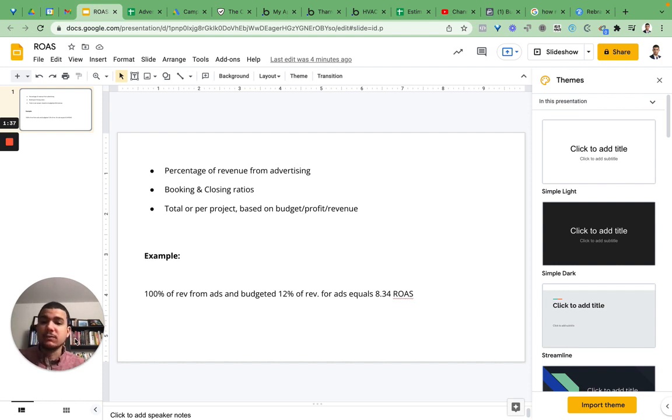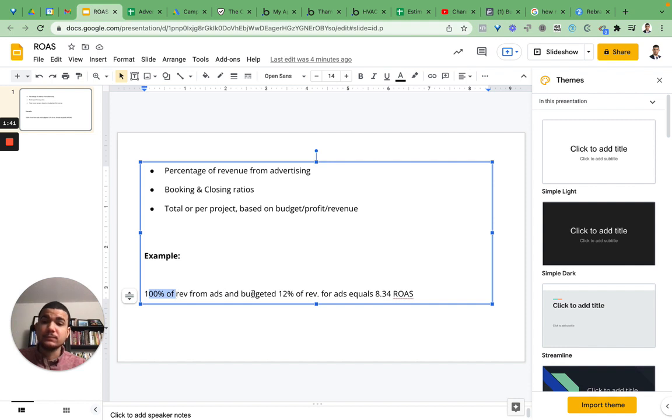But let's say, as an example, 100% of revenue is coming from your ads, and you're budgeting 12%. That leads to an 8.34 ROI, or you need an 8.34 return on your ads to be where you budgeted.